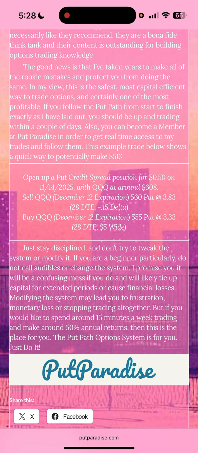It's a very time efficient system. You should only be trading for about 15 minutes per week. And that's if you're trading all 12. If you're just trading one, you can execute a trade in a minute. So again, it doesn't take a lot of analysis, doesn't take a lot of quantitative study, doesn't take a lot of watching CNBC.